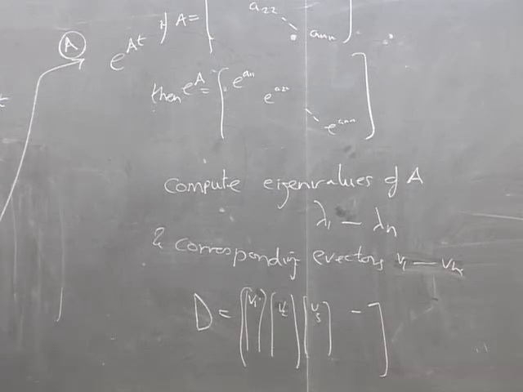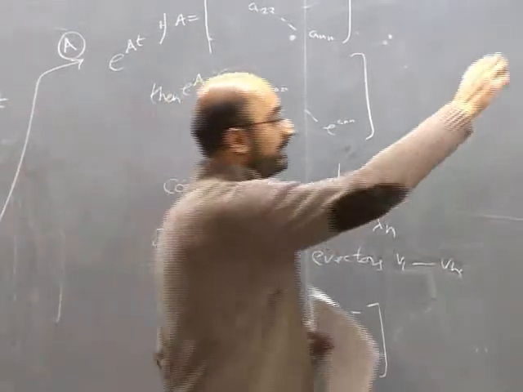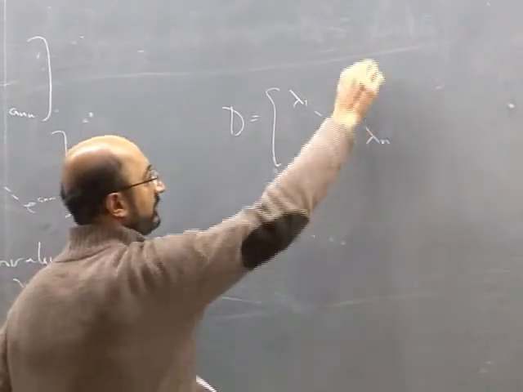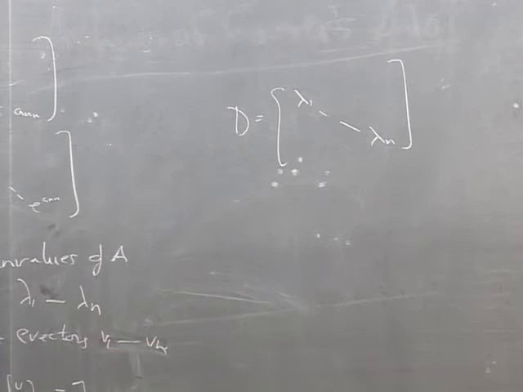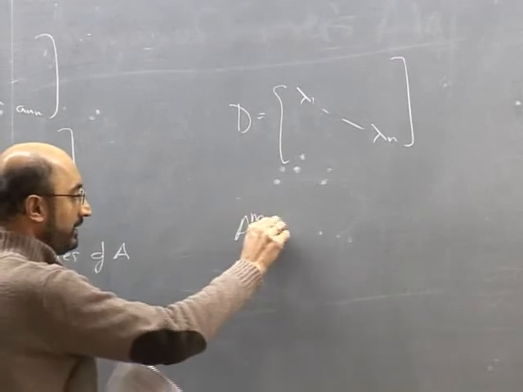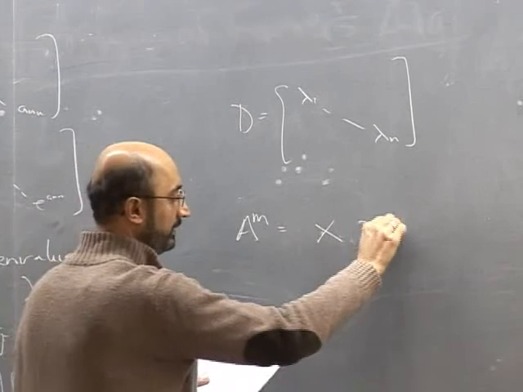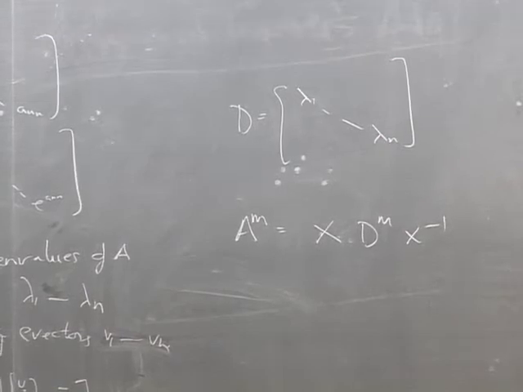And D is going to be the diagonal matrix lambda 1 to lambda n, the diagonal matrix of the eigenvalues of A. Then we can just say A to the m is equal to X D to the m X inverse. And by the way, this is straight out of the linear algebra we saw earlier. I'm just repeating it to remind you, so there's nothing new here.